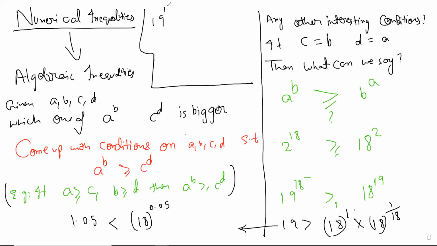That is 19 by 19, and we are trying to say this is bigger than 18. And this is a question mark. Okay, why?